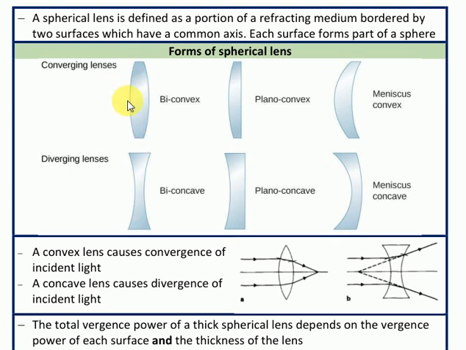It is bordered by two curved surfaces which have a common axis. When each surface forms part of a sphere, the lens is called a spherical lens.